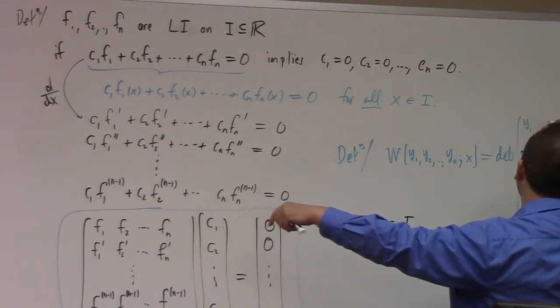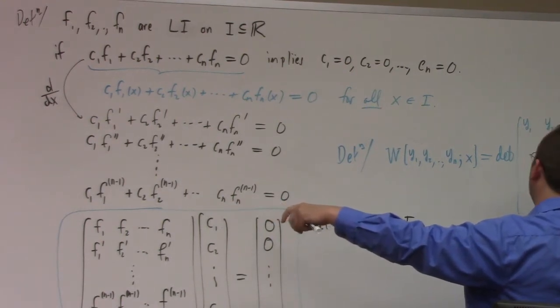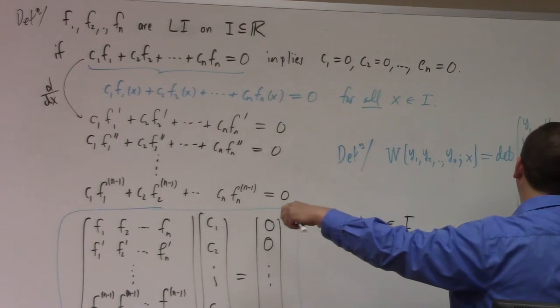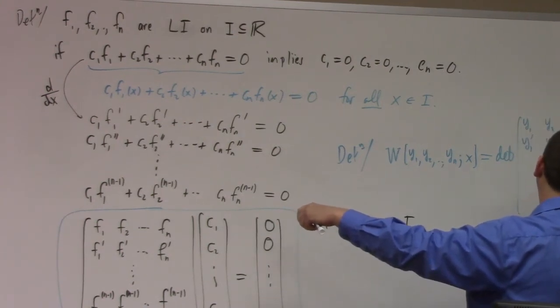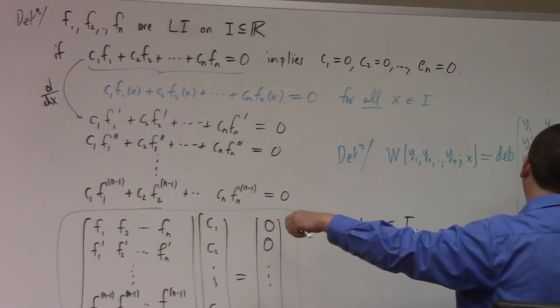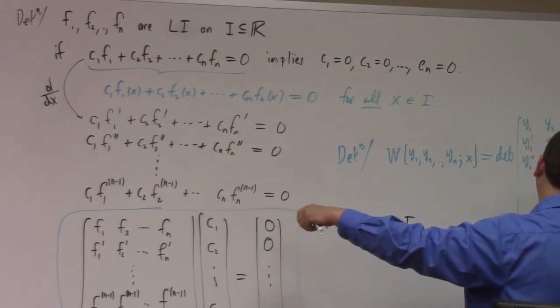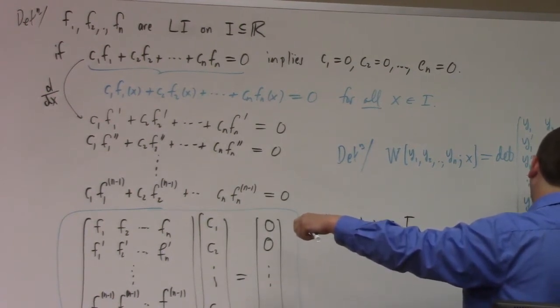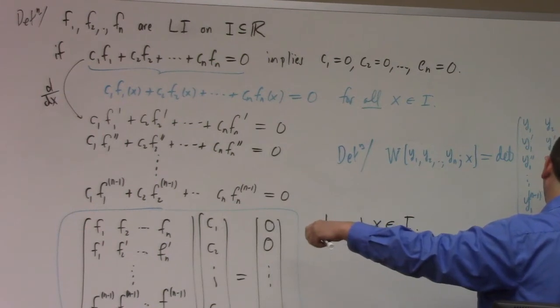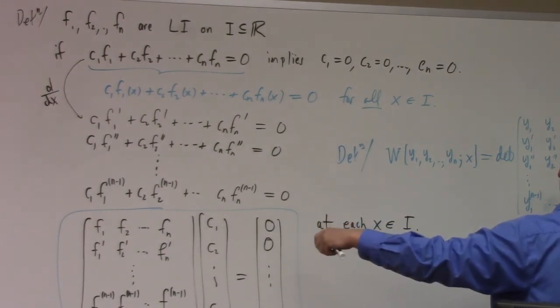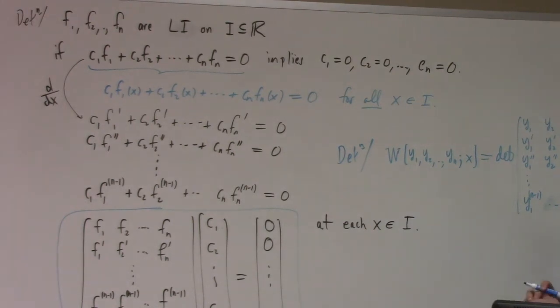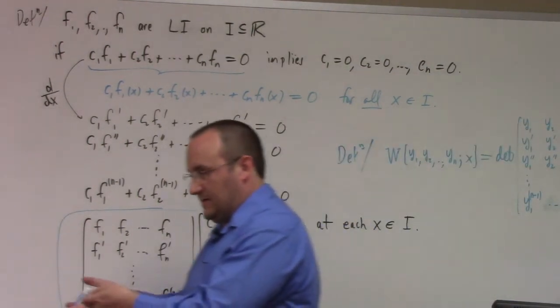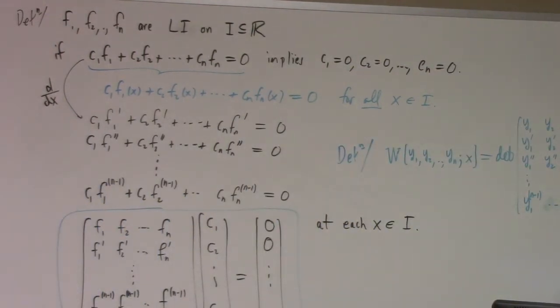We put y1, y2, through yn in the first row, then derivatives in the second row, second derivatives in the third row, and so forth, until we get to the last row, where we have the n minus 1th derivative. So what this derivation shows you is that if the functions are linearly independent on I, then the Wronskian of those functions must be non-zero on I.